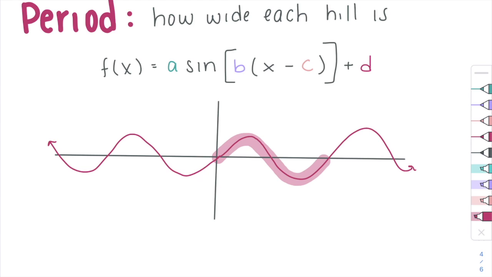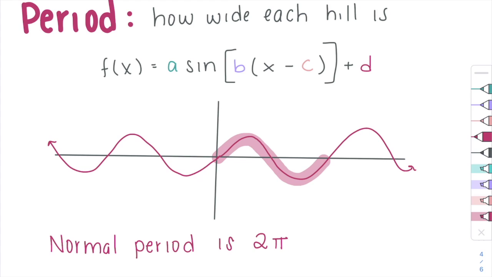Normal period is 2 pi because that's how long it takes us to go around the unit circle once. So period is 2 pi.